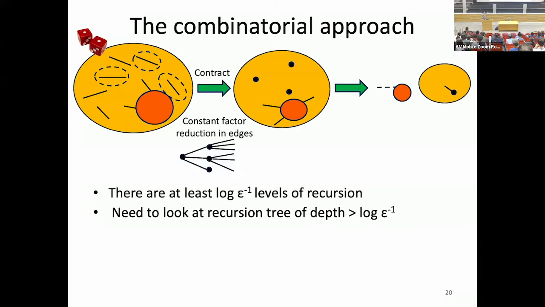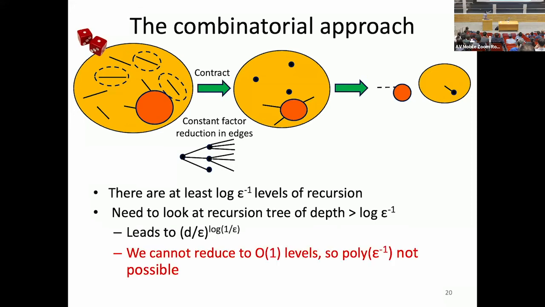But this means you need to look at a recursion tree of depth log 1 over epsilon. My point is, if you do this unpacking process, it's very hard to get a recursion depth which is constant. Indeed, I don't think it's possible. And that's what you would need to do if you wanted a truly polynomial in d over epsilon algorithm. And this leads to a d over epsilon to the log d over epsilon.